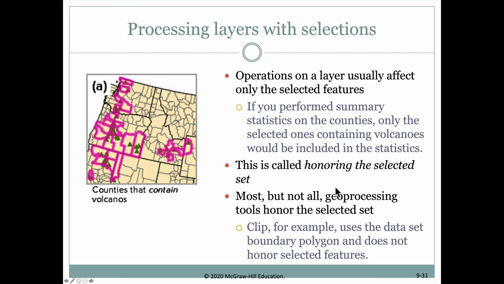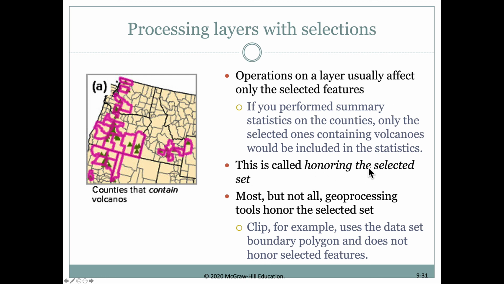This also relates to how operations are used once we've done a selection. In this example, we've selected the counties that contain volcanoes, and now we might want to perform some summary statistics on just those counties. If we run the summary statistics, by default it's only going to do that on the counties that we've selected.